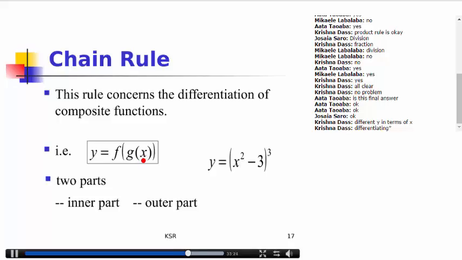There can be one function inside it, there can be more than one function inside it. It depends. So for these, we have f(x) equals f of g(x). This f is the outer function, right? And this g(x) is the inner function. So we have two parts of the function here.